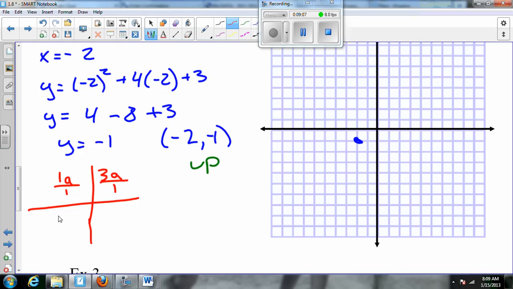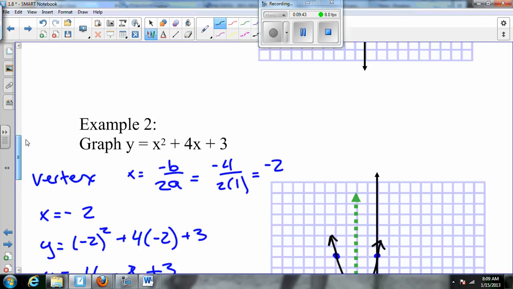So a is 1, so it goes 1 over 1, so we're going to go up 1 and over to both sides, and we're really reflecting over the axis of symmetry. Now we can go 3 over 1, up 3, and right 1. We have enough to make our parabola. We're not solving, we're just graphing.